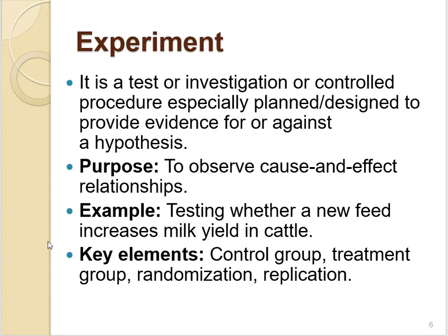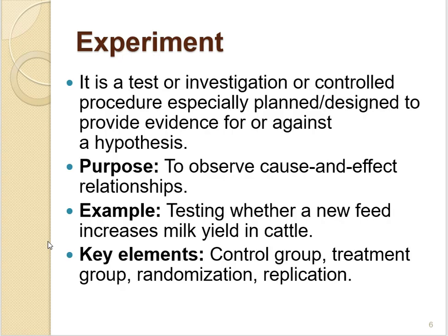So now let's go towards experiment. Experiment is a test or investigation or controlled procedure specially planned or designed to provide evidence for or against a hypothesis. So whatever we will do to prove or disprove a hypothesis is called experiment.